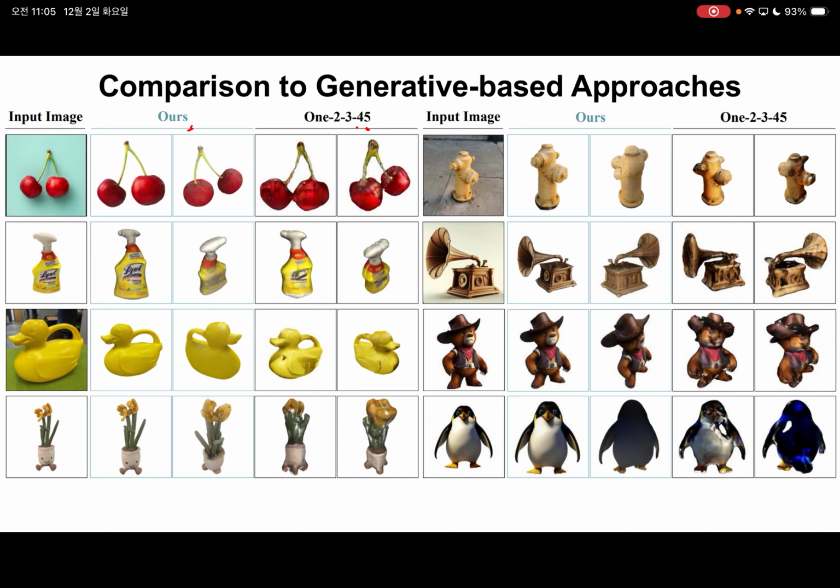For example, this penguin: the front part has very complicated texture, but the back face of this penguin does not. This is one way to appeal your paper. We can, on purpose, choose this kind of sample so that we can hide weaknesses. I'm not saying this paper is bad. This is very good, but this is one way to appeal your paper.